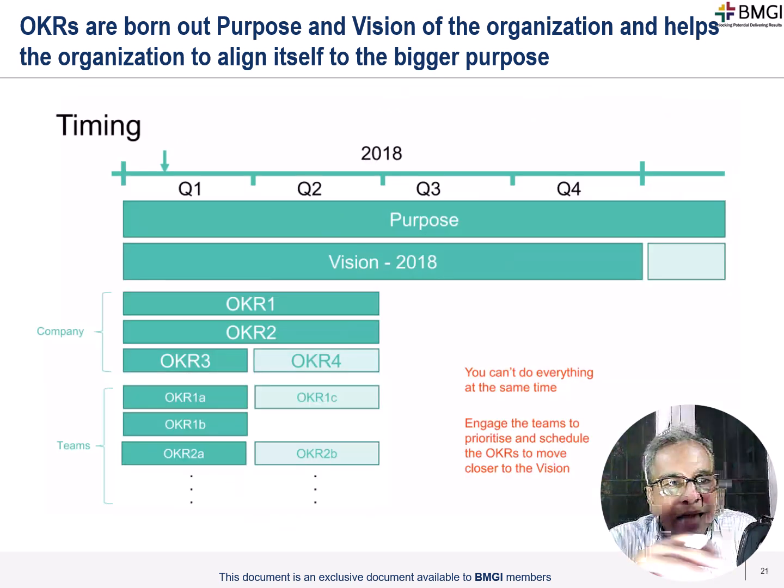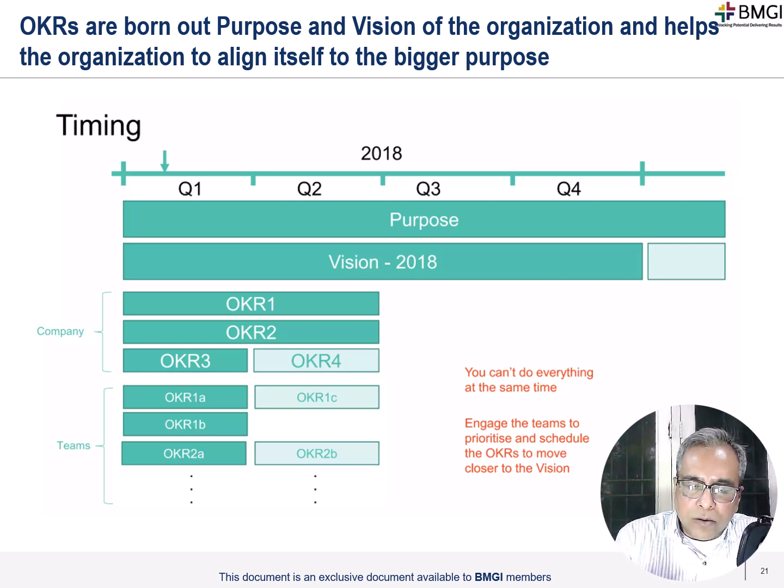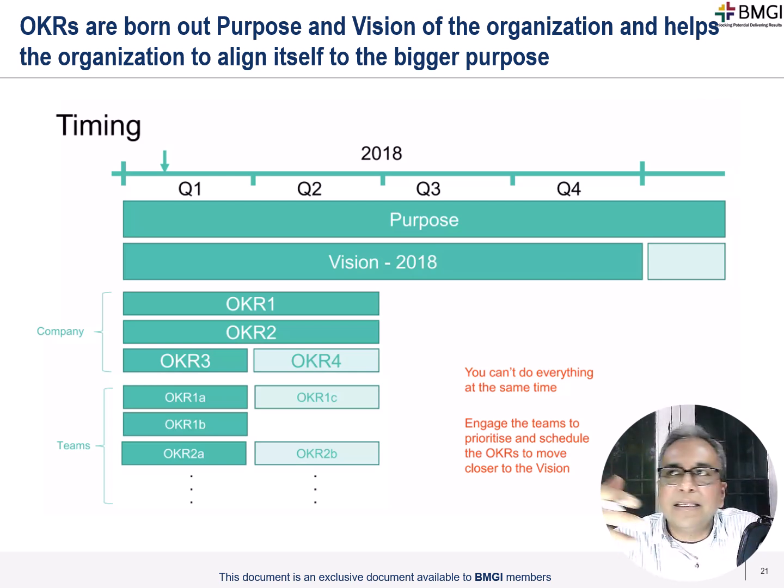So on a timeline, you're looking at maybe a Q4 goal, but in the first quarter or quarter two, there are some OKRs that we want to deliver at a company level. Then similarly at the team level, this is what we want to deliver, and each of these OKRs has key results that you are measuring on a daily, weekly, monthly basis, and that's what the leadership needs to do.